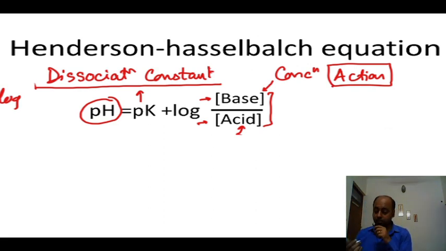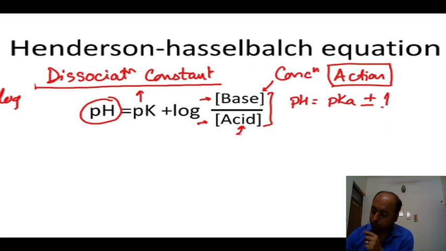So good action will occur in what range? In what range we'll see the good buffer? So remember, for good buffering action, the pH should be in the range of pK plus minus 1.